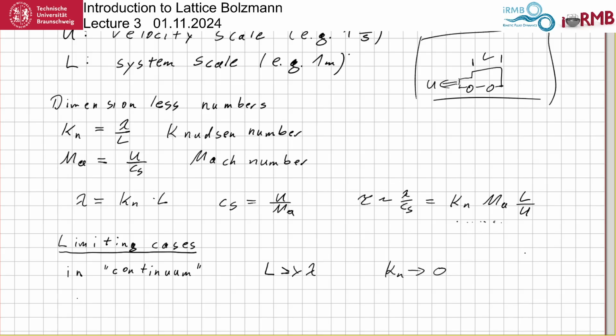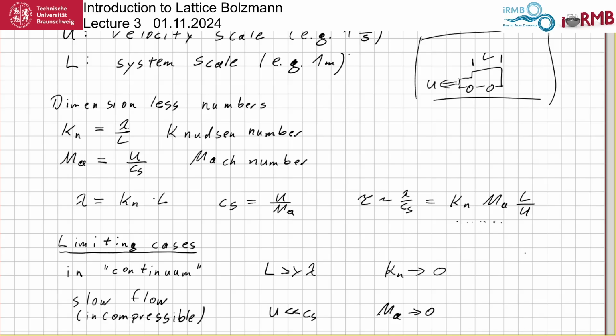And the second thing we are going to assume is that the flow is slow. This is not completely required now, but we want to get done with our lecture today, so we'll make this assumption too. So U must be much smaller than the speed of sound, and then the Mach number is going to 0 too.